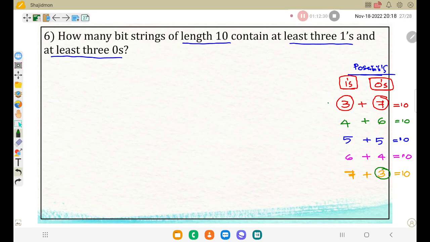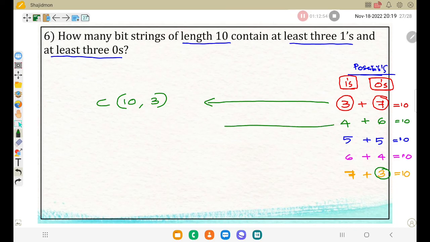Now for each option write the combinations, correct. For example 3 7, 3 ones: out of 10 slots, 3 ones at a time, automatically 7 zeros will be there. So 10C3. Now 4 6 means combination of 10, 4 ones we are selecting.